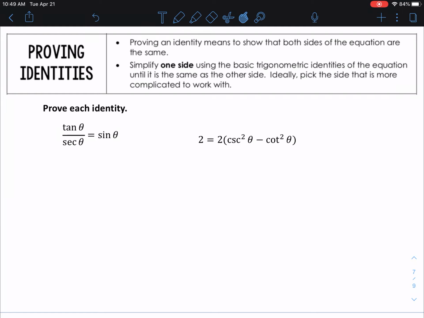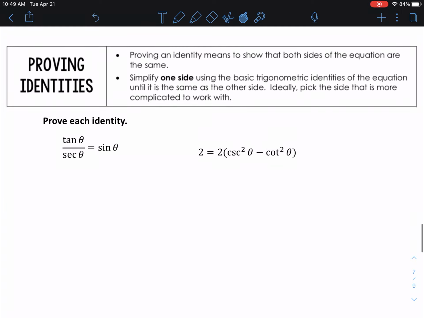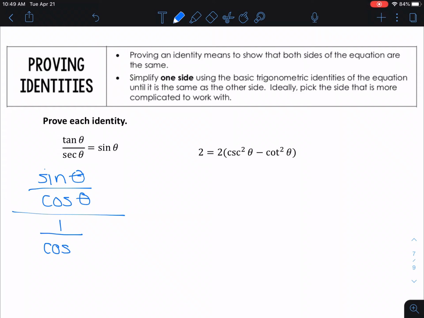We know that tangent, as we just said up top, I suppose it'd help if I had my pen on here, is sine theta over cosine theta. Now, secant, I could leave that, but I see the cosine in the top, so I'm going to rewrite this secant as 1 over cosine theta. I'm just using the chart to make it look like the right side.